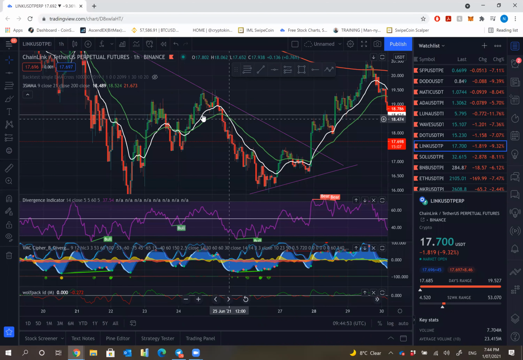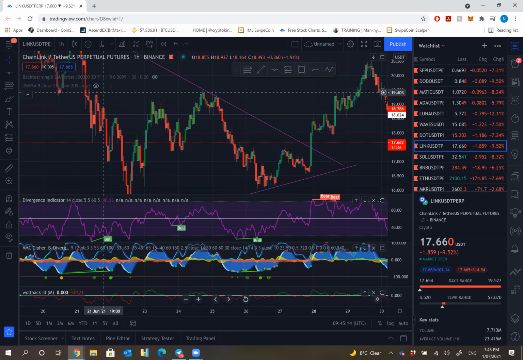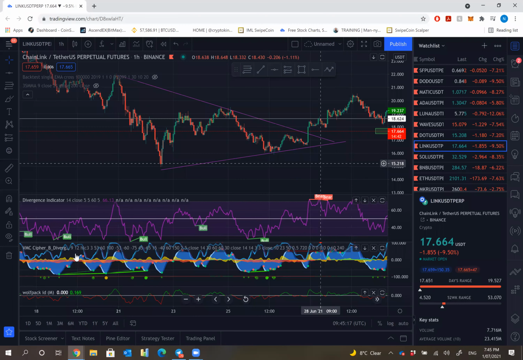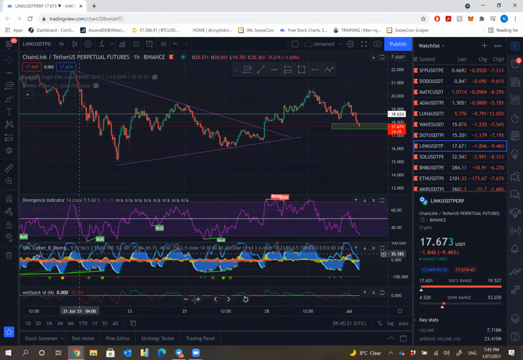However, there's also a lag component here. I don't like to be in a trade if there's going to be a lag component, because if there's a massive dip, my sell could be way down here. So I used to use the moving averages, but I've found that using my Cypher B with my Wolfpack has worked a lot better.